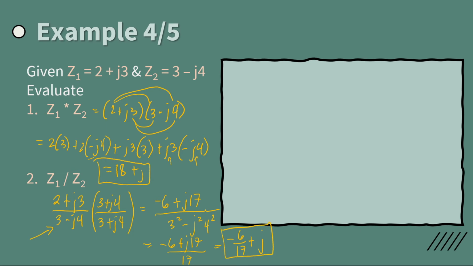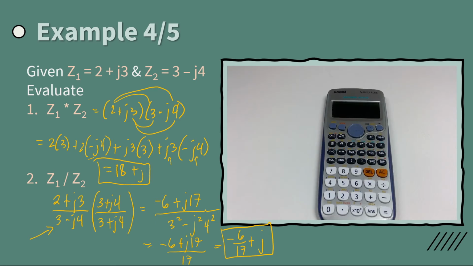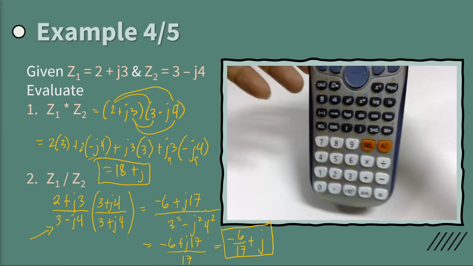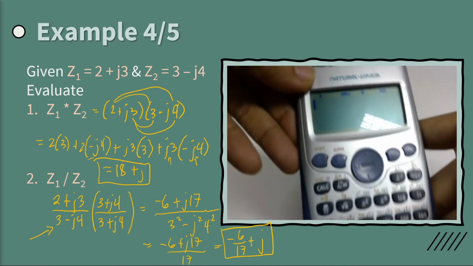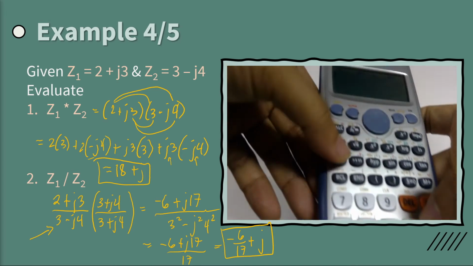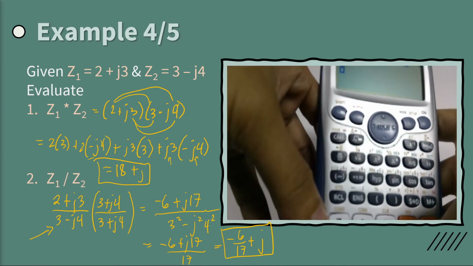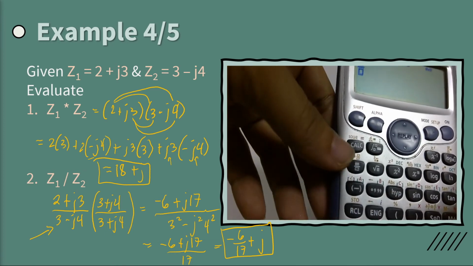Now if we want to use our calculator, for the product, first you go to the complex mode, mode 2, and then you can simply write directly the complex number.